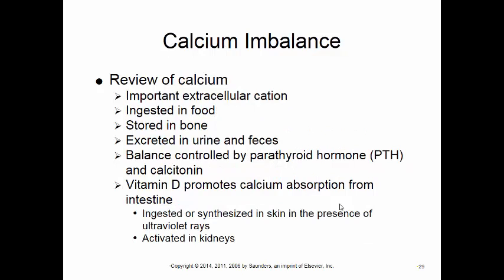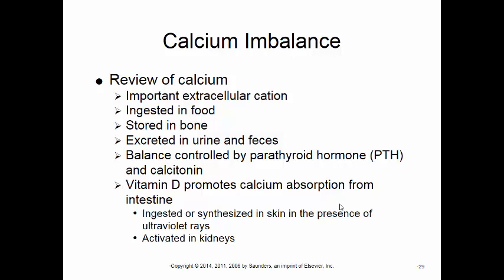The review of calcium. Calcium is an important extracellular ion, again, and it's more prevalent extracellularly. It's ingested in the food. It's stored in the bones, and when we have low calcium, it can be released from the bones. It's excreted in the urine and the feces. It is controlled by two hormones, parathyroid hormone and calcitonin, which are antagonistic hormones that work opposite of each other, and they promote the absorption and secretion from the bones.